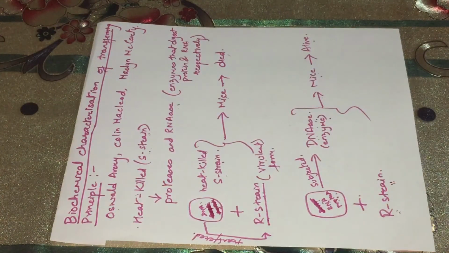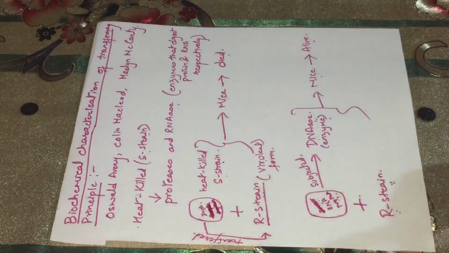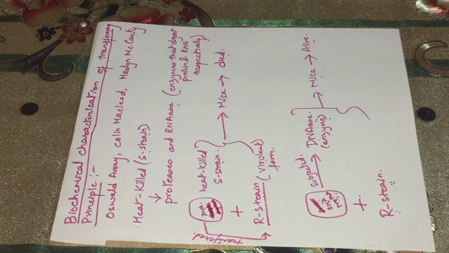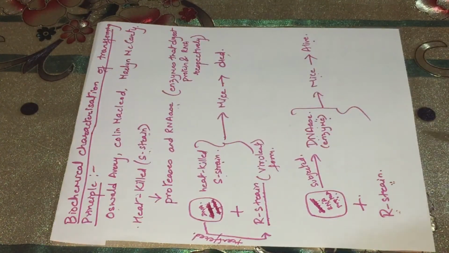So this was the experimental proof, done by Oswald Avery, Colin MacLeod, and Maclyn McCarty. They showed that DNA was the genetic material acting as the transforming principle. All right, thank you.